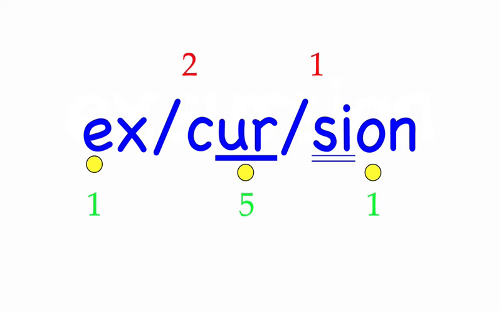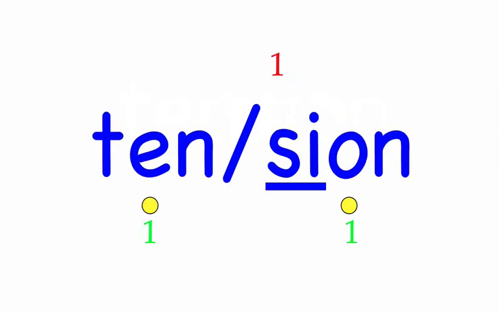Tension. Tension. You could feel the tension in the room. Tension. Ten has three sounds: t, e, n. Sion, three sounds: sh, a, n. Tension. Mark the word. Row 7.